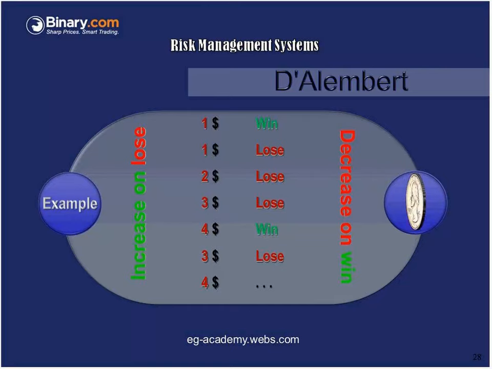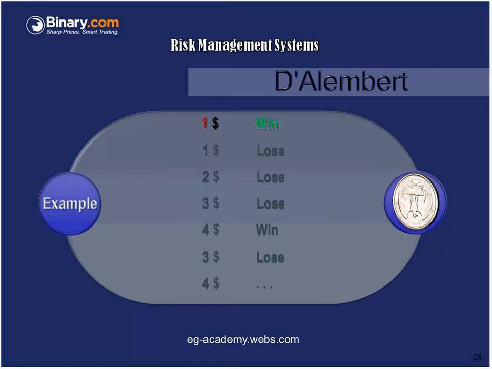But if you lose, you increase by 1, so it will be 2. This example, I think, is very clear. On a win, it's okay, that's the unit I trade with. But if you lose, you will increase it to cover your loss on the next trade. But if you keep losing, you will increase it by another 1, and so on.